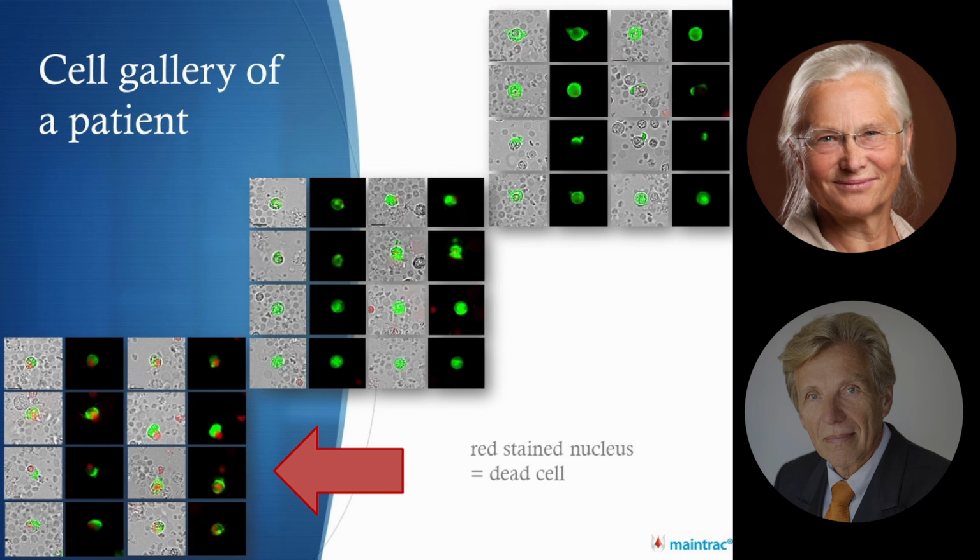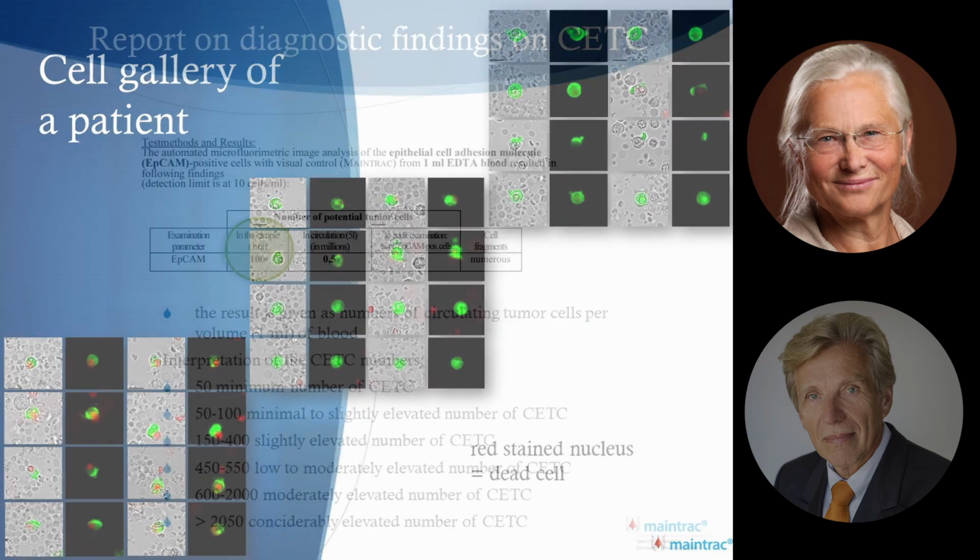And this is a sign that the cells are dying. We omit these cells in the cell counting, but during sensitivity testing, it is important for us to have these cells and count them too.